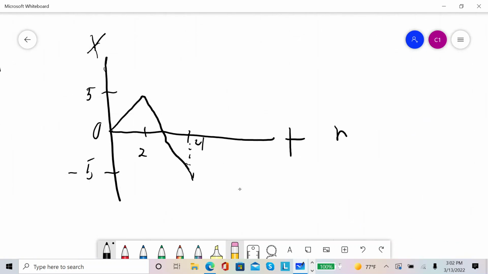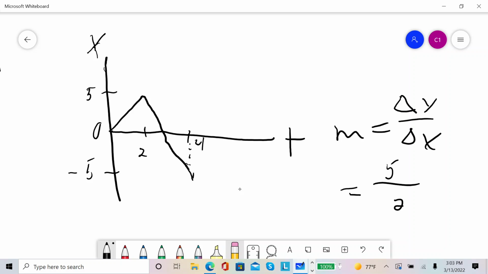Slope is just rise over run, so it's your delta y over delta x, meaning it's just 5 over 2. Delta x in this case is how far you run, so 2 seconds, while y is how high you climb, so 5. So 5 over 2, which you can simplify as 2.5 meters per second. That is your velocity.